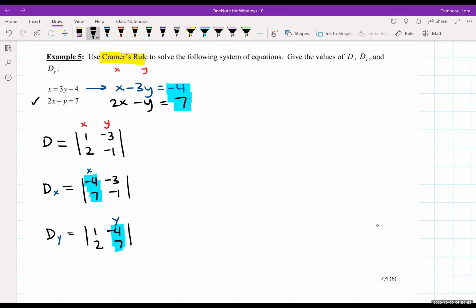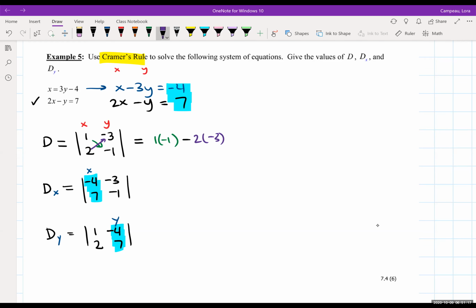So now all we have to do is calculate each determinant. So we'll do that. And I could do this with a TI, but I'd rather do it by hand. It's a little faster in my sense, at least with 2x2s. So remember, if you're going to calculate the determinant, we are looking at 1 times -1, subtracting off 2 times -3.